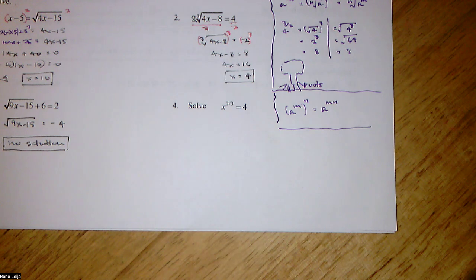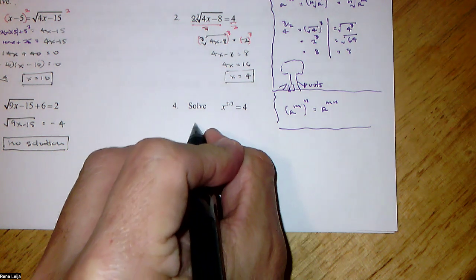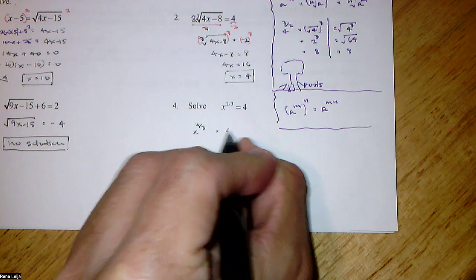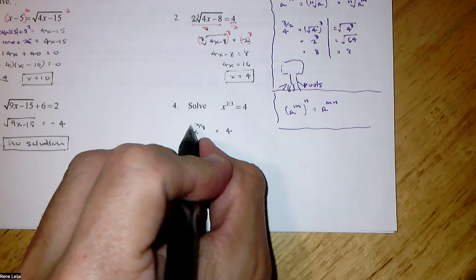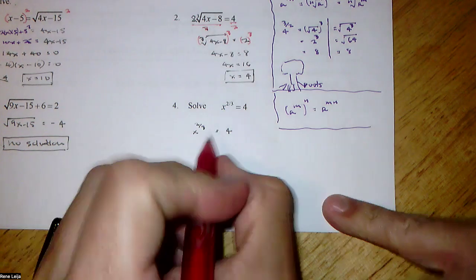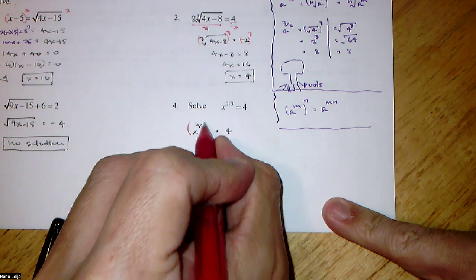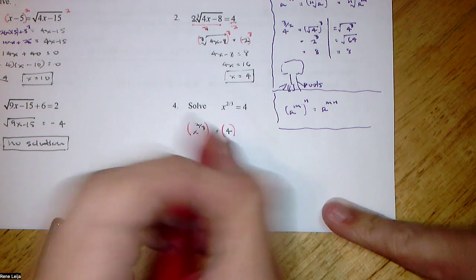So here's what I'm going to do. We're going to start off with x to the 2/3 power equals 4. I want to get rid of the 3 that's in the bottom. Whatever I do to one side, I'm going to have to do to the other.